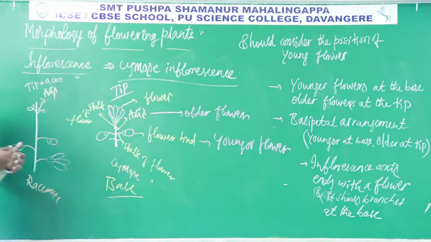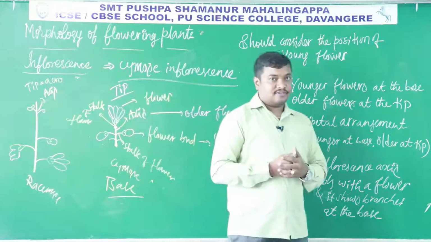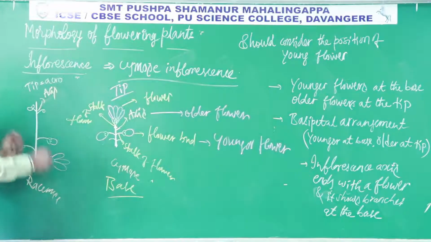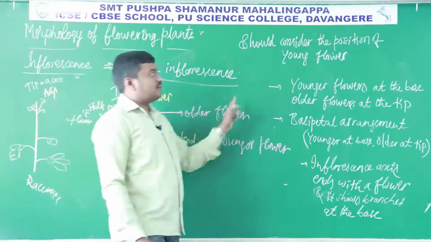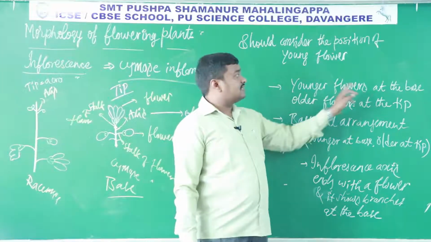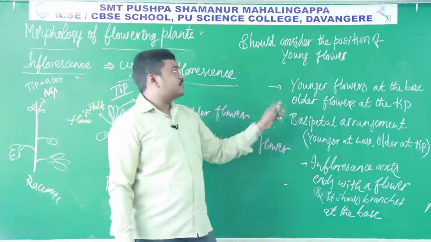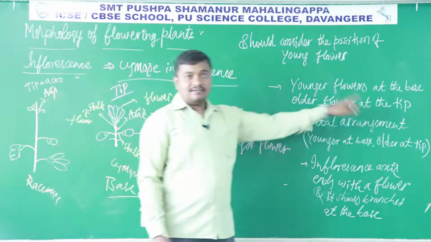Hope you understand the difference between cymose inflorescence and racemose inflorescence. Let me give the differences. In racemose inflorescence, older flower at the base, younger flower at the tip. Whereas in cymose inflorescence, younger flower at the base, older flowers at the tip.